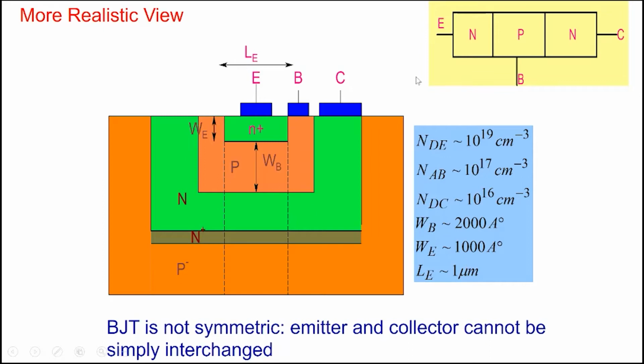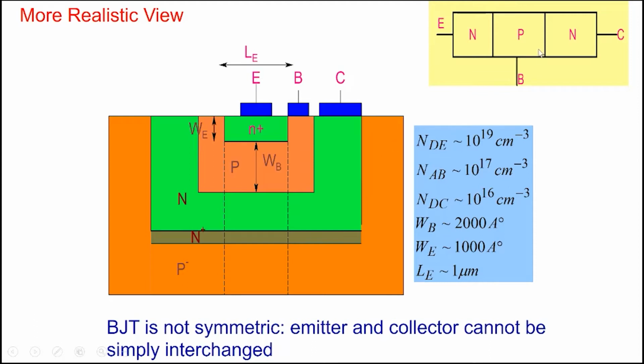Also note that when we see a structure like this and when we write NPN, it seems that the bipolar transistor is symmetric, that I can change emitter and collector. But when you see from here, you note that the emitter is much more heavily doped, n plus, as compared to the collector. So the transistor is not symmetrical. And note that the emitter region is over here, and the collector is a much larger region that you see here.